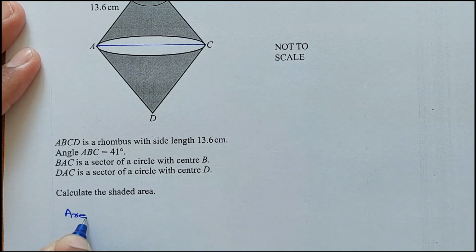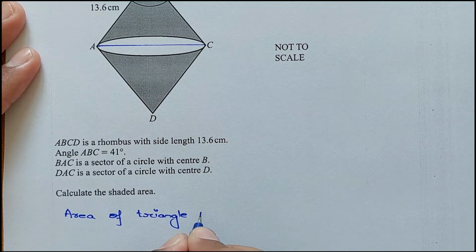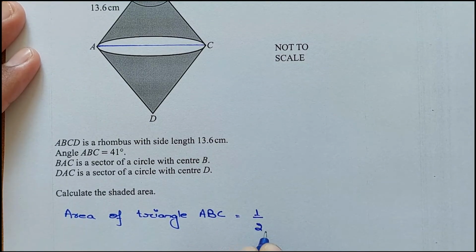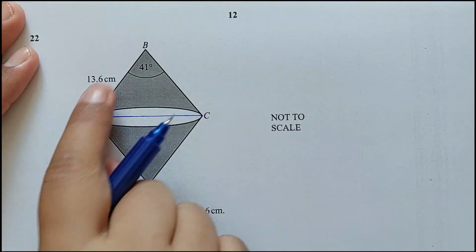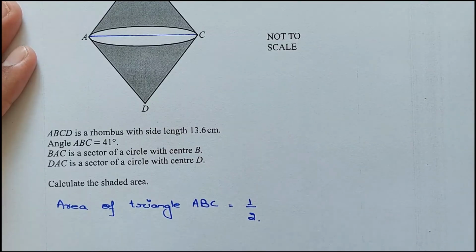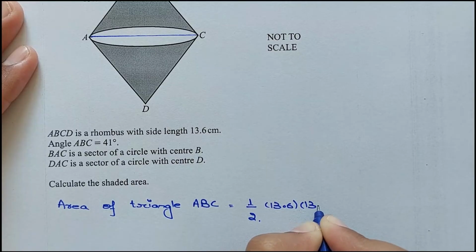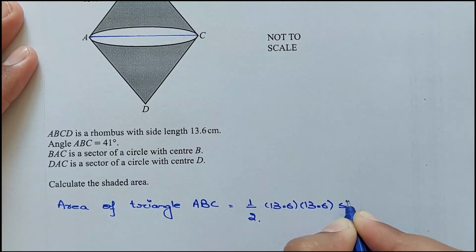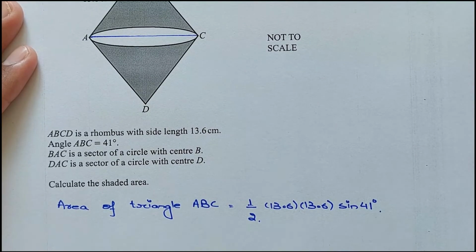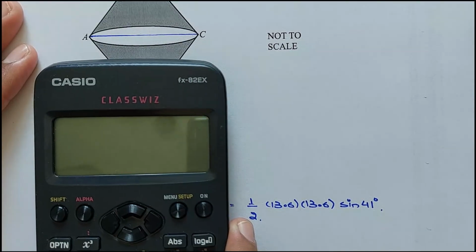So the area of triangle ABC equals half the product of two sides AB and BC, both 13.6, and the sine of the angle, which is 41. So 13.6 times 13.6 times sine of 41 degrees, divided by 2. This is the area of triangle ABC, and the same area for triangle ADC as well.